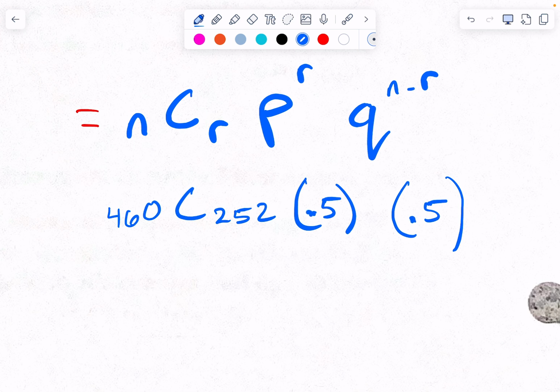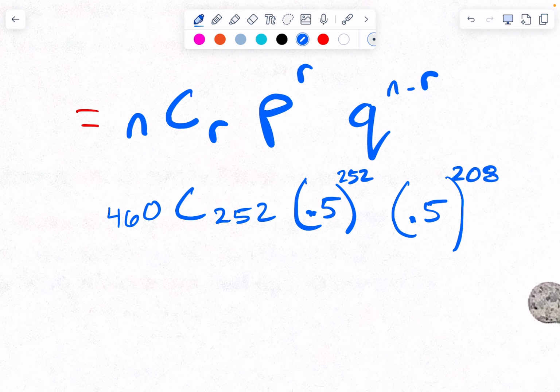Because if you're in overtime, the teams are going to be pretty even anyway, 50-50. So we got 252, and what's the other exponent?